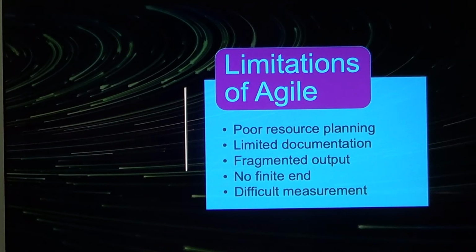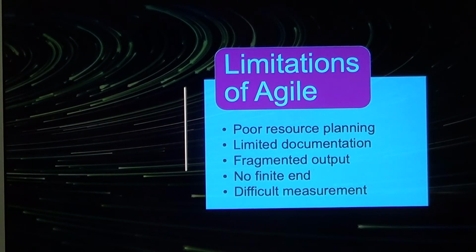Next one is no finite end. The fact that Agile requires minimum planning at the beginning makes it easy to get sidetracked delivering new unexpected functionality. Additionally, it means that projects have no finite end, as there is never a clear vision of what the final product looks like.